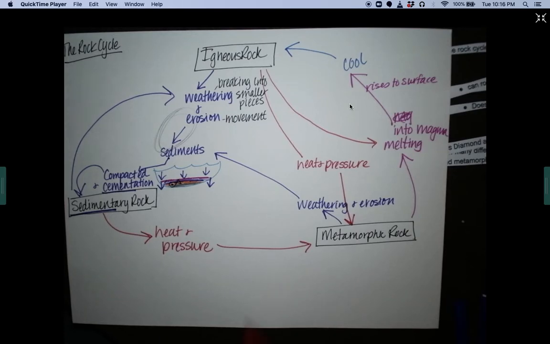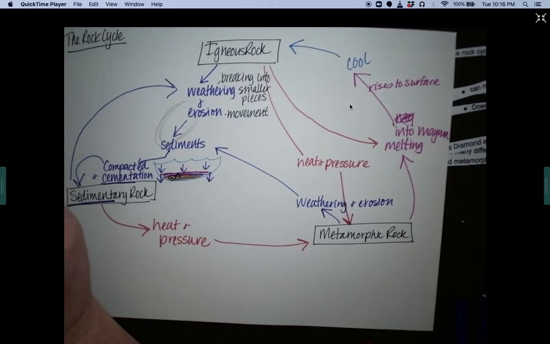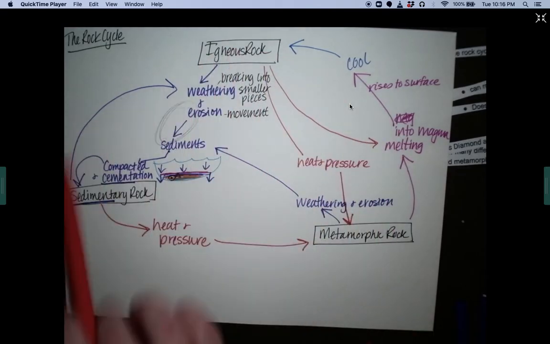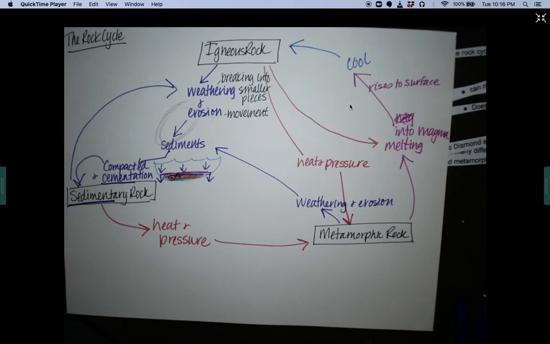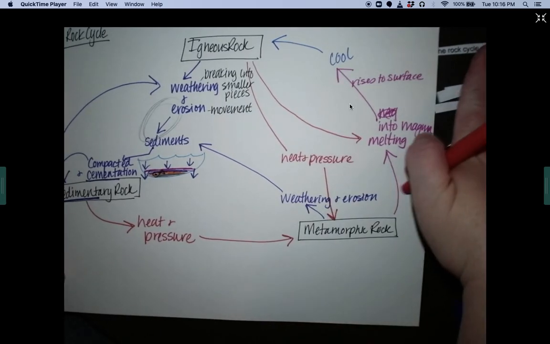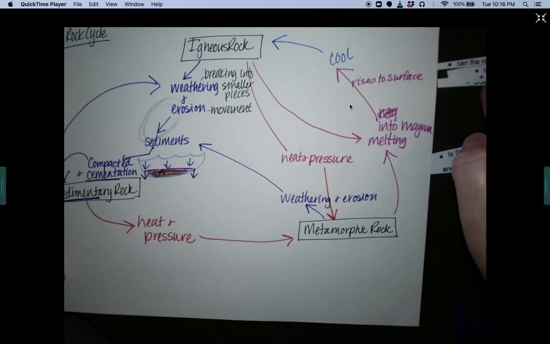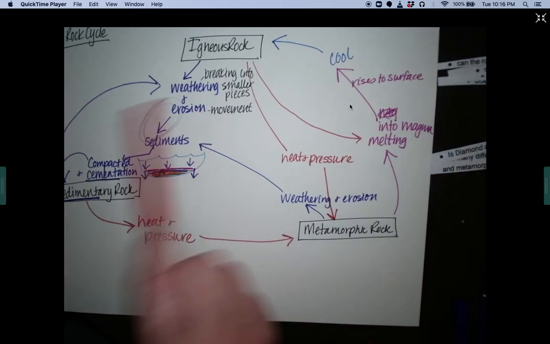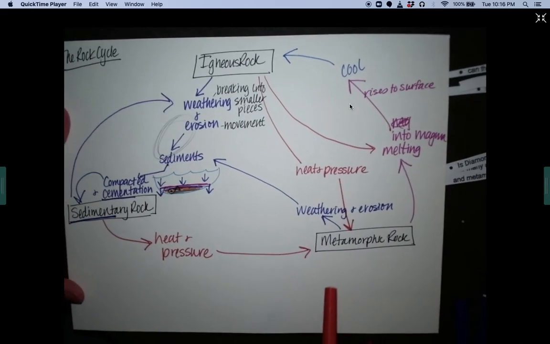So I hope, let's see, I'm gonna go through my questions. Does every single rock go through the complete rock cycle? No. How do they end up connecting to one another? Well, it just kind of depends. They can go through each place. If we would have been in class, there's this game that we play where we roll dice and you take on the role of a rock and you follow around the room into the rock cycle.